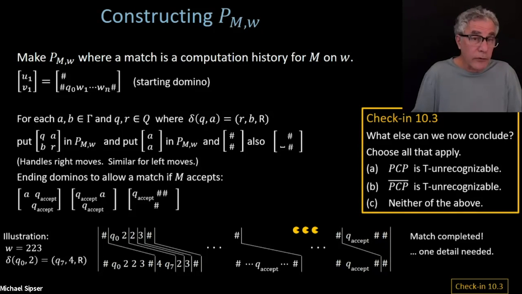So that might go forever, but if there is a match possible, you'll find it eventually. So PCP is a recognizable language, undecidable, and therefore we know its complement has to be unrecognizable because that's something we've shown before. If a language and its complement are both recognizable, then it's decidable. But we know PCP is not decidable, so both sides can't be recognizable.